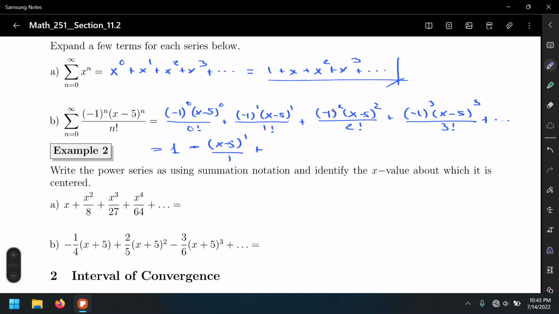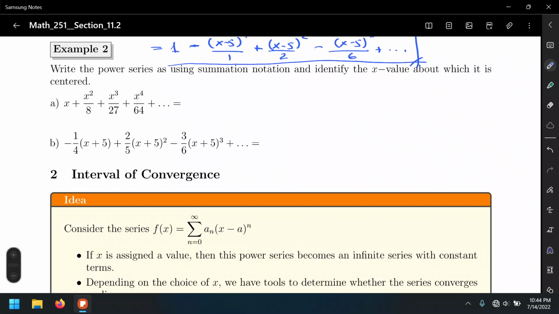Plus, in this case plus, because negative 1 squared is positive, x minus 5 squared over 2 factorial, and 2 factorial is 2. The next one would be negative because negative 1 cubed is negative 1: x minus 5 cubed over 6. Of course, we could write more terms, but let's just stop there. That's fine. It's just expanding a few terms, very similar to last chapter.